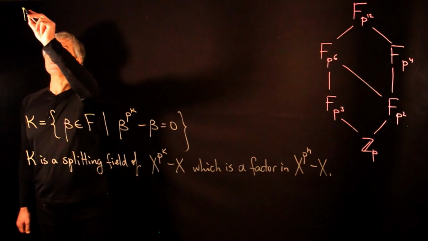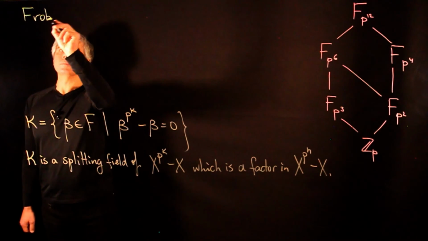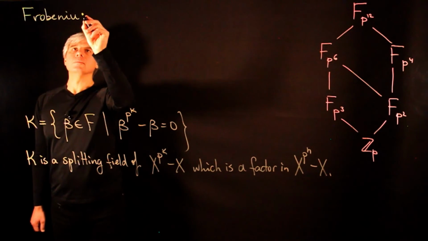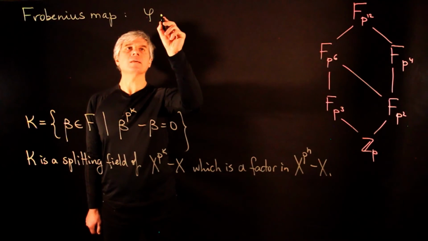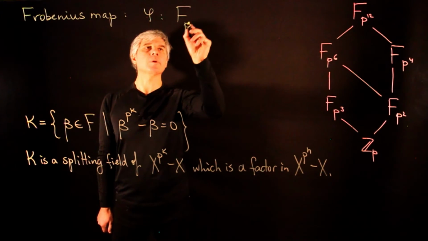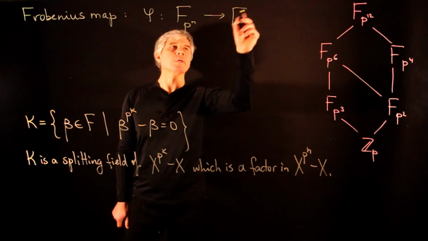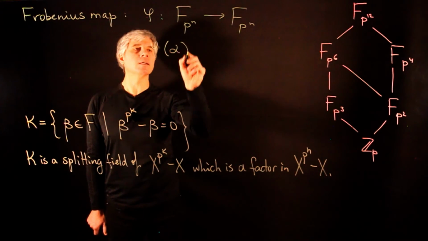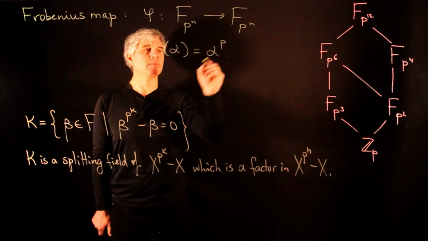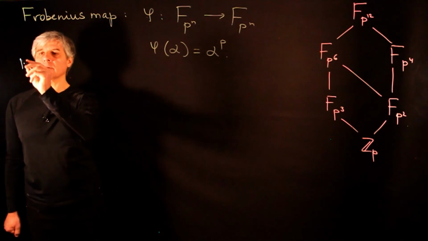Next, let us define the Frobenius map. This is a map phi from F p to the power n to F p to the power n, which is defined by phi of alpha is alpha to the power of p. Let us study the properties of the Frobenius map.